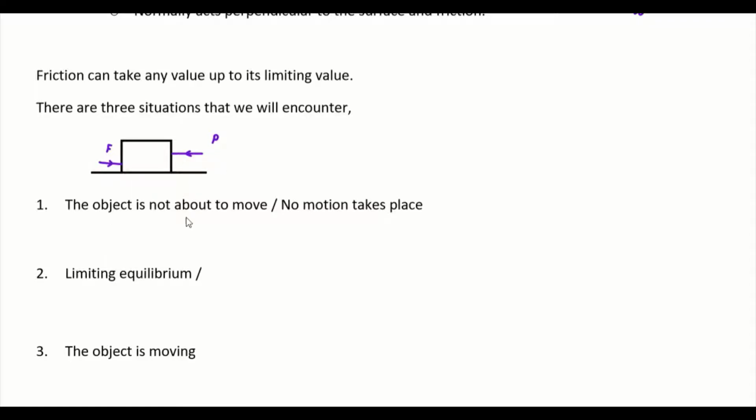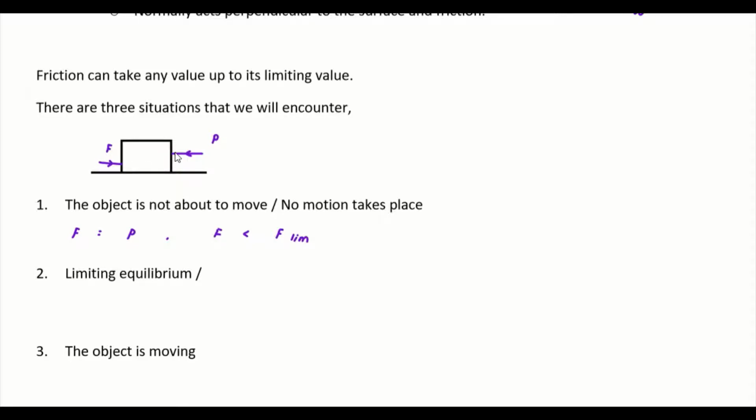When the object is not about to move, the friction is just nice, equal to the push. And this friction will be smaller than F limit. Because this friction is less than the limiting friction, the object is not going to move if the friction and the force applied are the same.